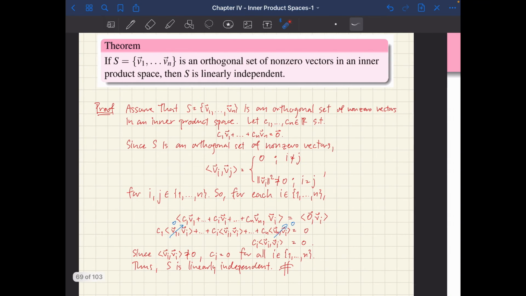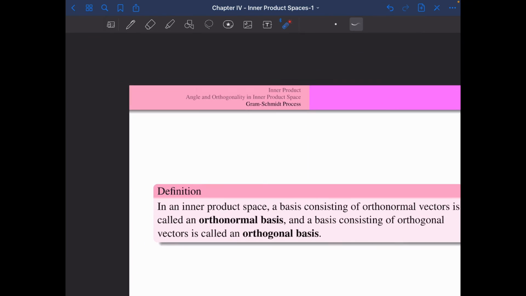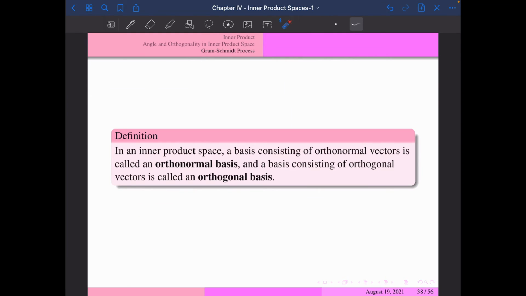The next example is, I think, very easy. But before we go to it, we are talking about the definition of an orthonormal basis and an orthogonal basis. What does it mean?